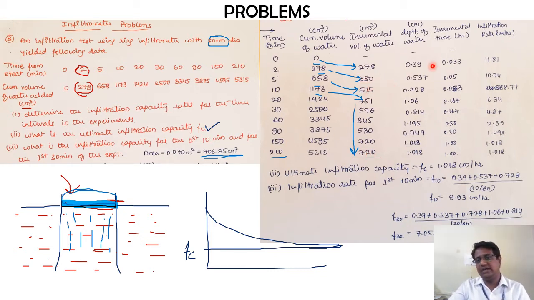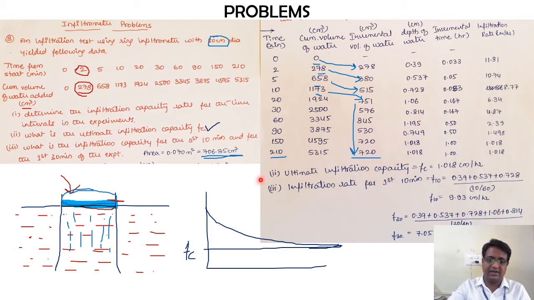Now the next column that we need to calculate is to convert this volume of water into depth of water. In the third column we have converted the cumulative value into incremental volume of water. Now in the next step we want to convert that into depth of water.